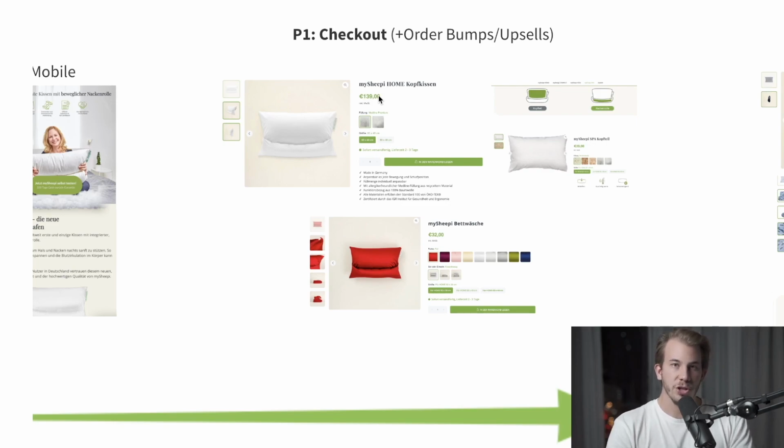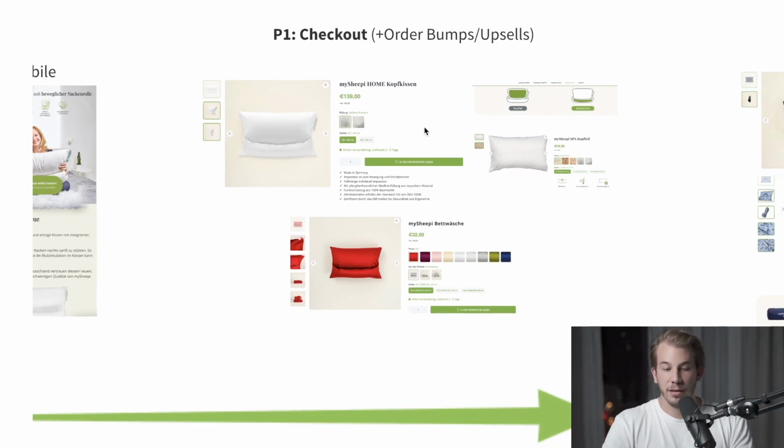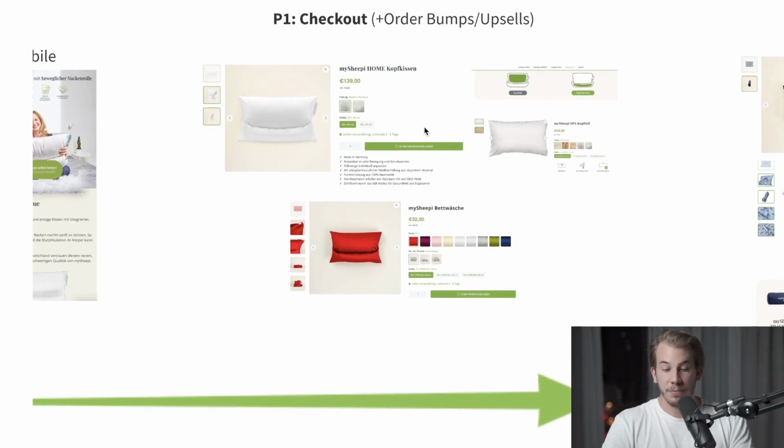There was a small version which was 109 euros, but we never really sold that because I didn't like it so much. And the bigger version was 159 euros, which also was an upsell, and almost 50% always picked that bigger size pillow because people were just used to 80 centimeter wide pillows, and this middle version is 60 centimeter wide. So a lot of people took that upsell.